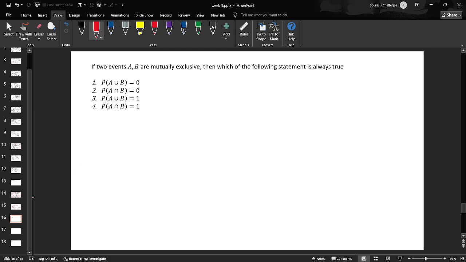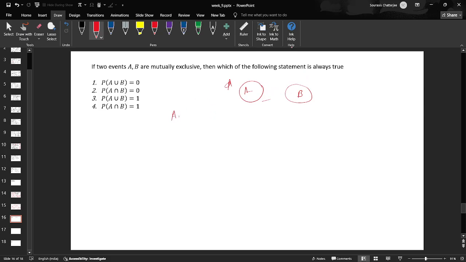Let's ask: if two events are mutually exclusive, which of the following statements is always true? It's always better to answer this question by drawing sets. If we draw two mutually exclusive sets, say this is A and this is B, they are mutually exclusive in the sense that there is nothing common between them.